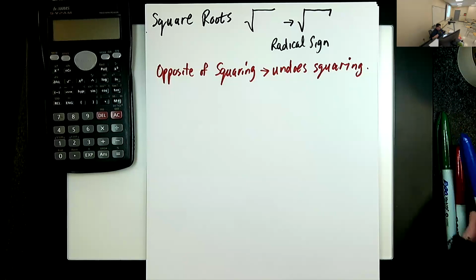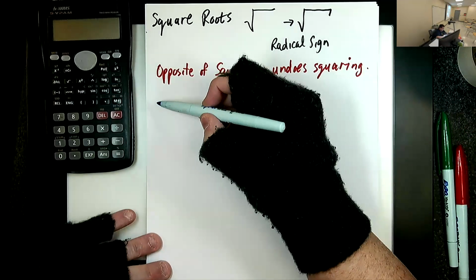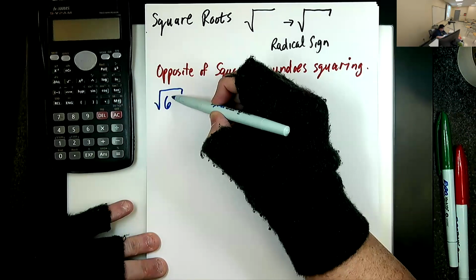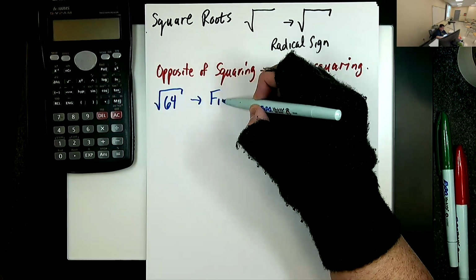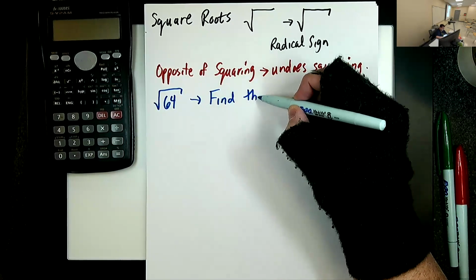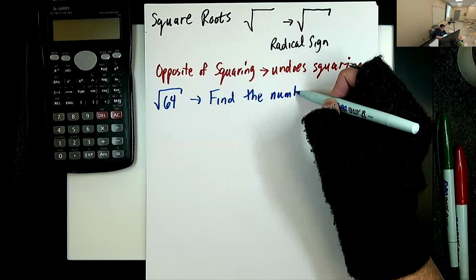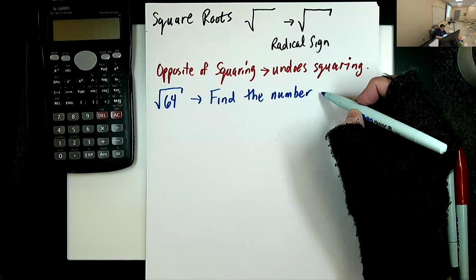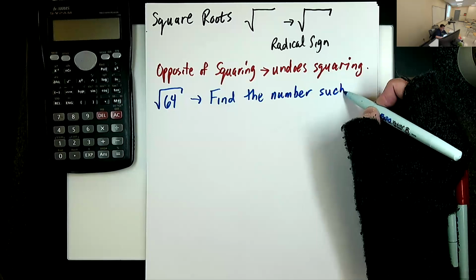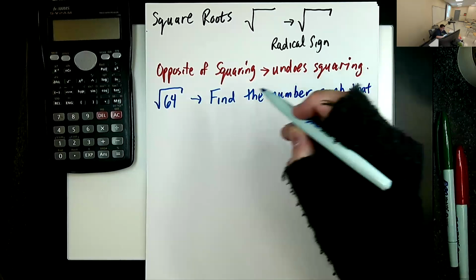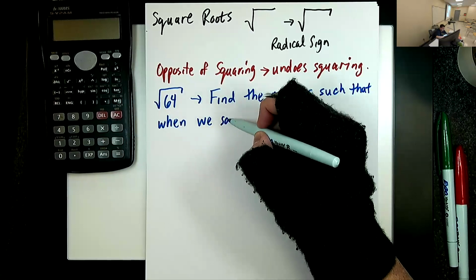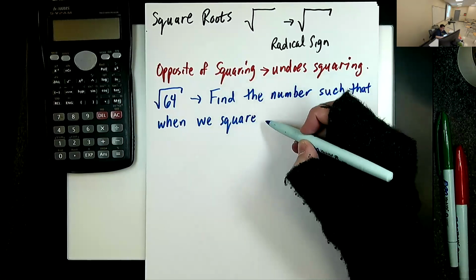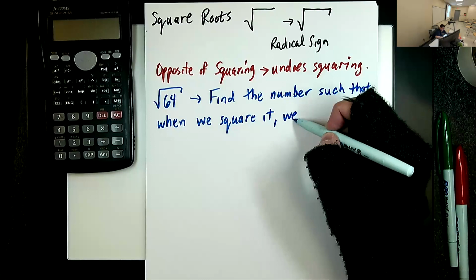So, for example, if I have the square root of 64, what this says is find the number such that when we square it, we get 64.